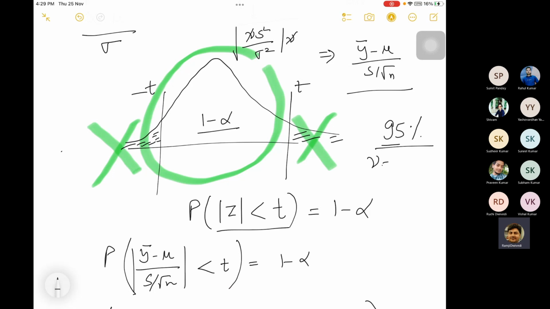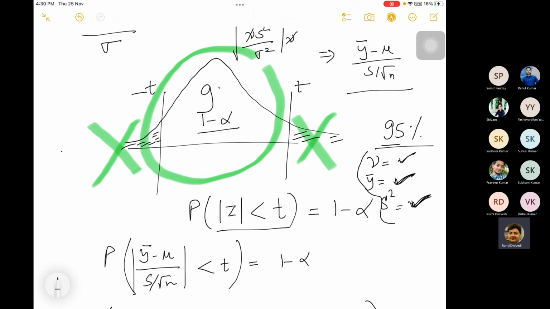That means you will be given the degree of freedom and the associated data sample characteristics. So you would be given all these values in the problem, and I am asking you, tell me with 95% probability, what would be the range of the population mean?